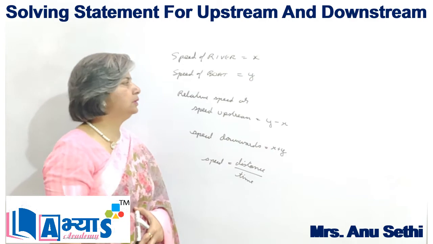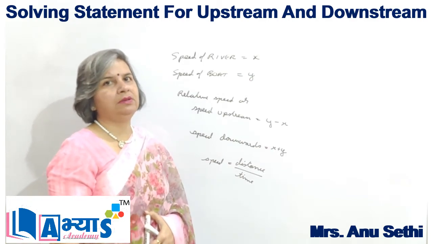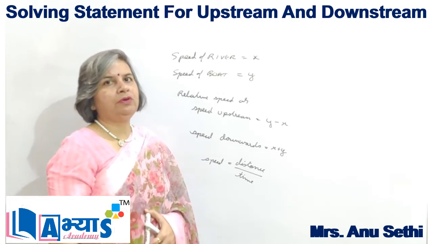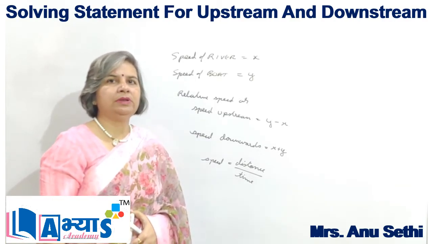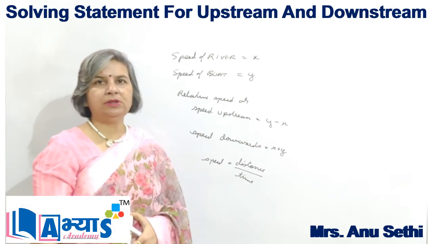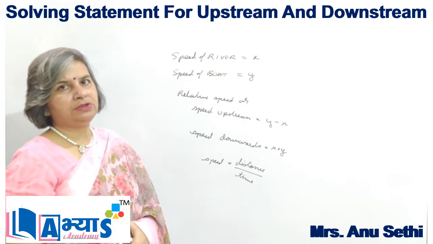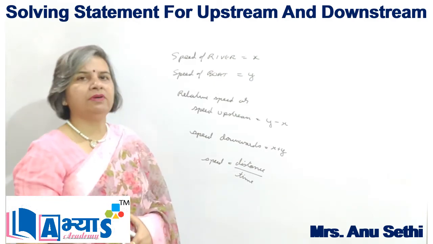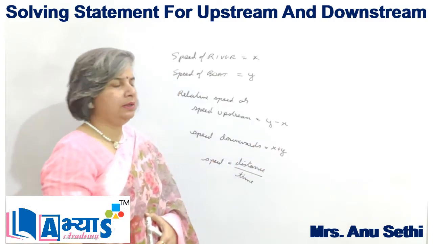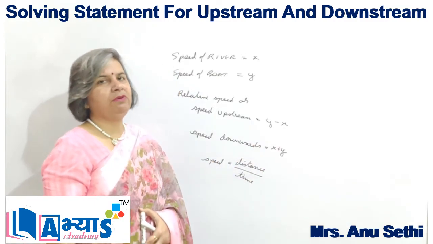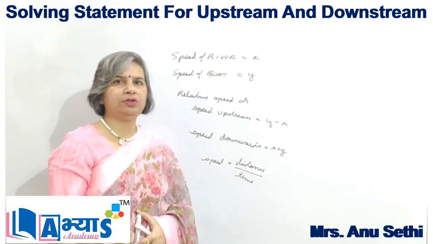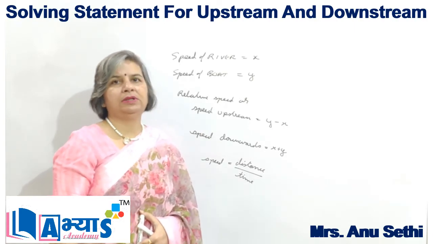The river is in the downward flow and the boat is moving in the upward direction, so the boat is in the opposite direction of the river, or we can say that the river is opposing the boat. So the relative speed will be y minus x. And in the case of downward flow, the speed will be x plus y, and then we'll use the formula of speed and then we'll derive an equation and then we'll solve that equation.